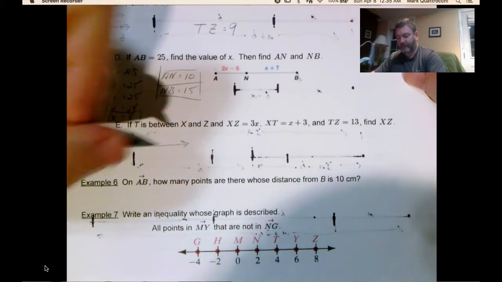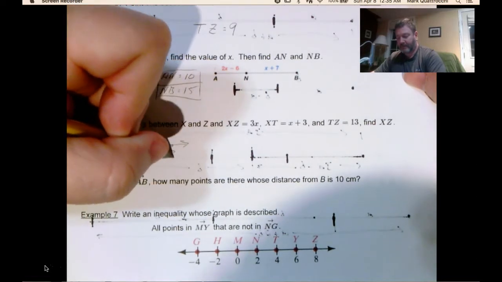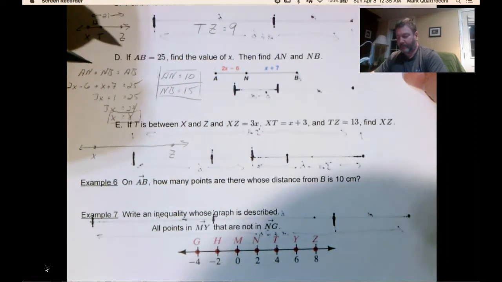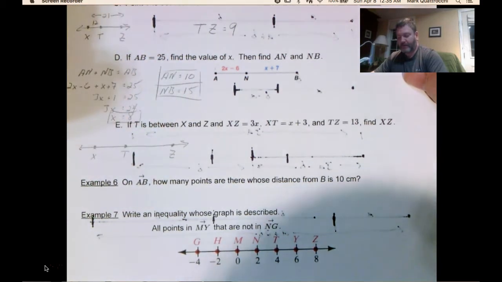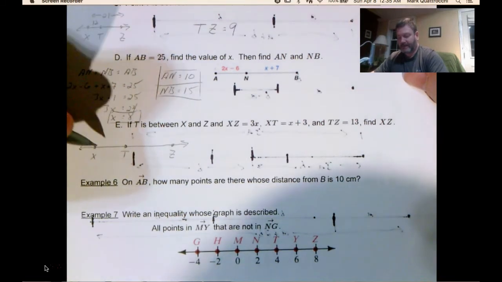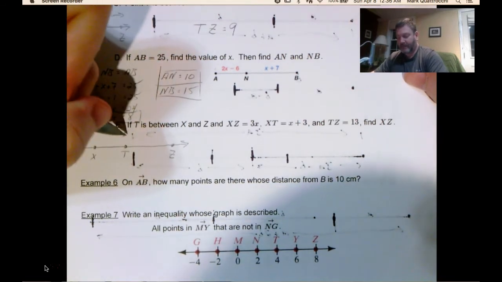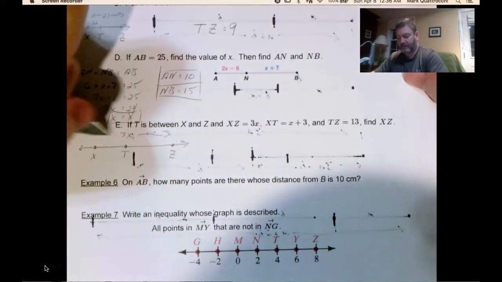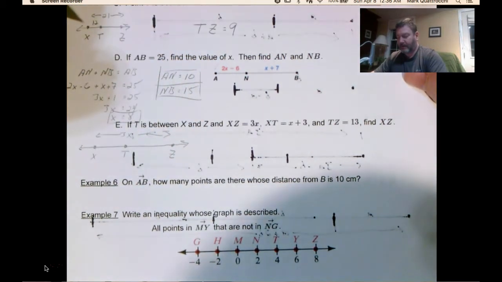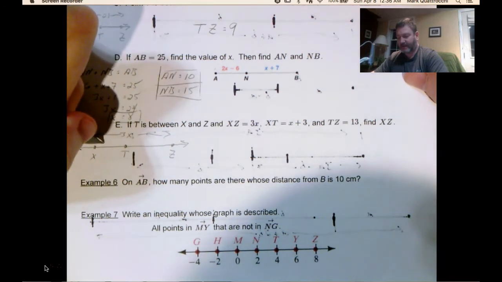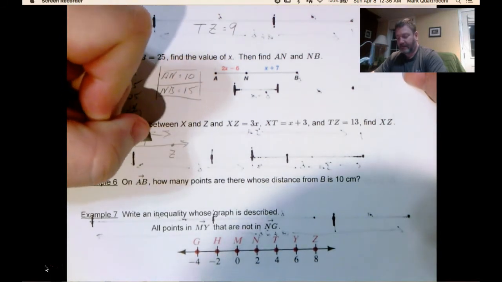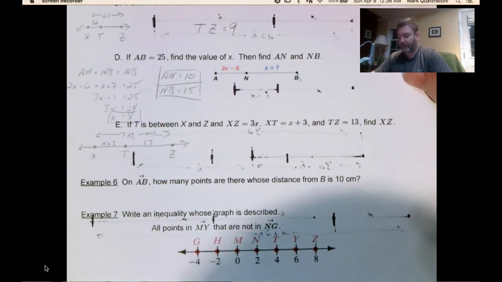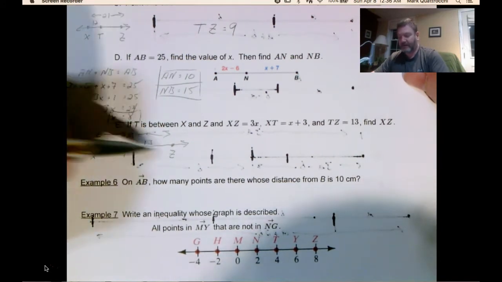So here's X. Here's Z. And let's put T over here. So XZ is 3X. XT is X plus 3. TZ is 13. We want to find the length of segment XZ.